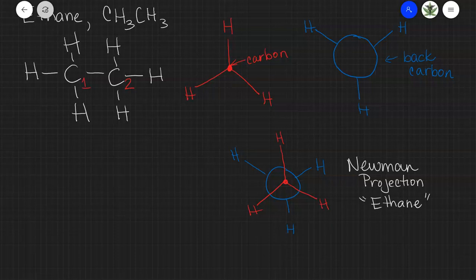Now the way that it is written, if we look from here to here, and we were to look at the angle, it is 180 degrees. So it is a 180 degree dihedral angle.